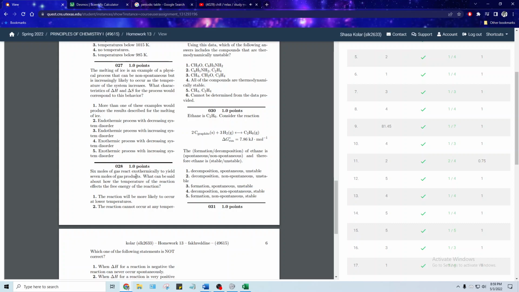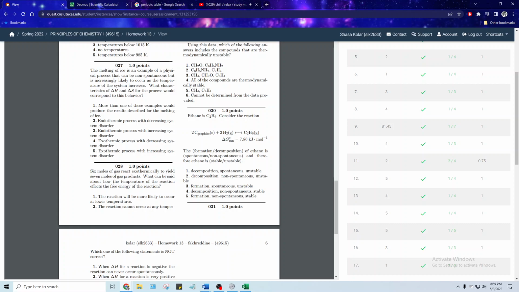Oh, right, exothermically. So delta H for exothermic is negative. And because we have more gas, delta S is positive.